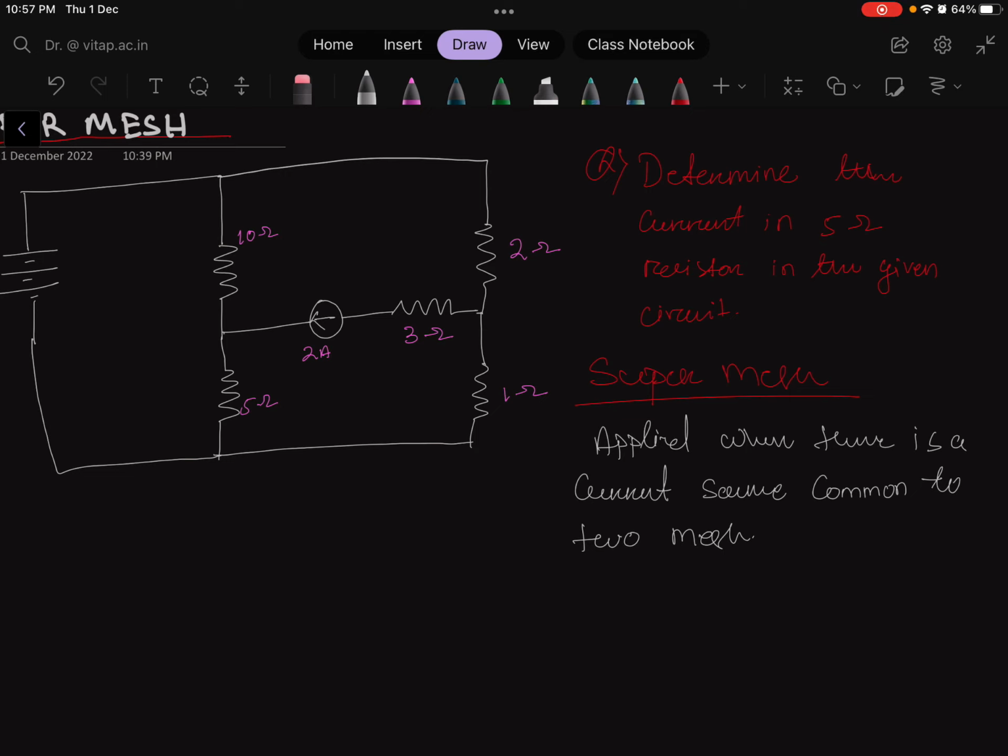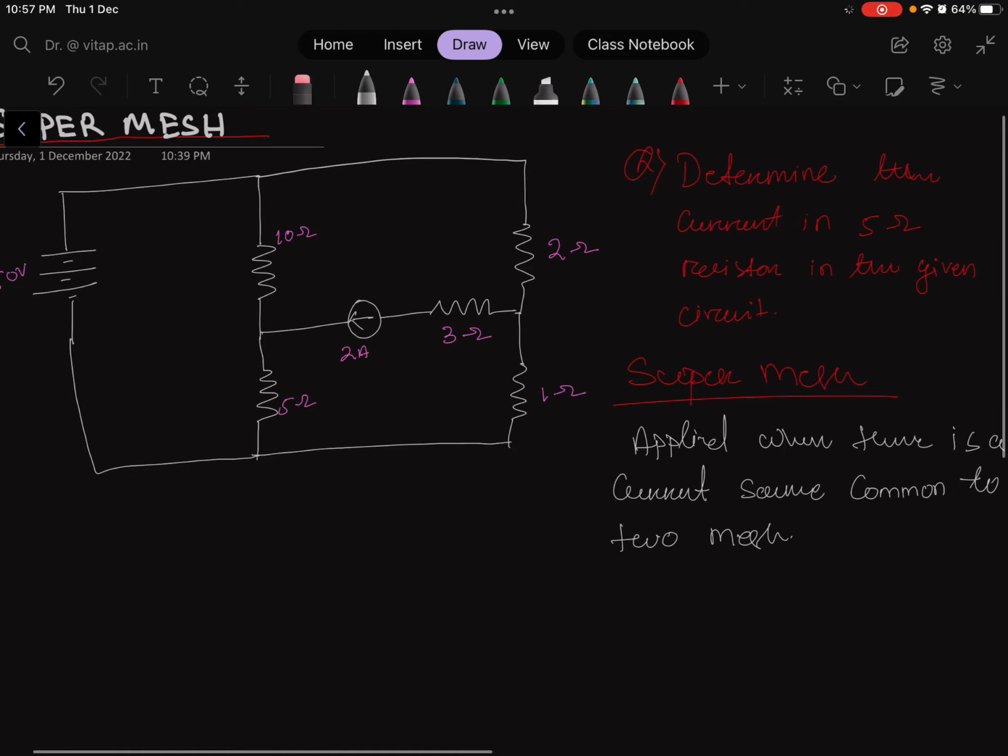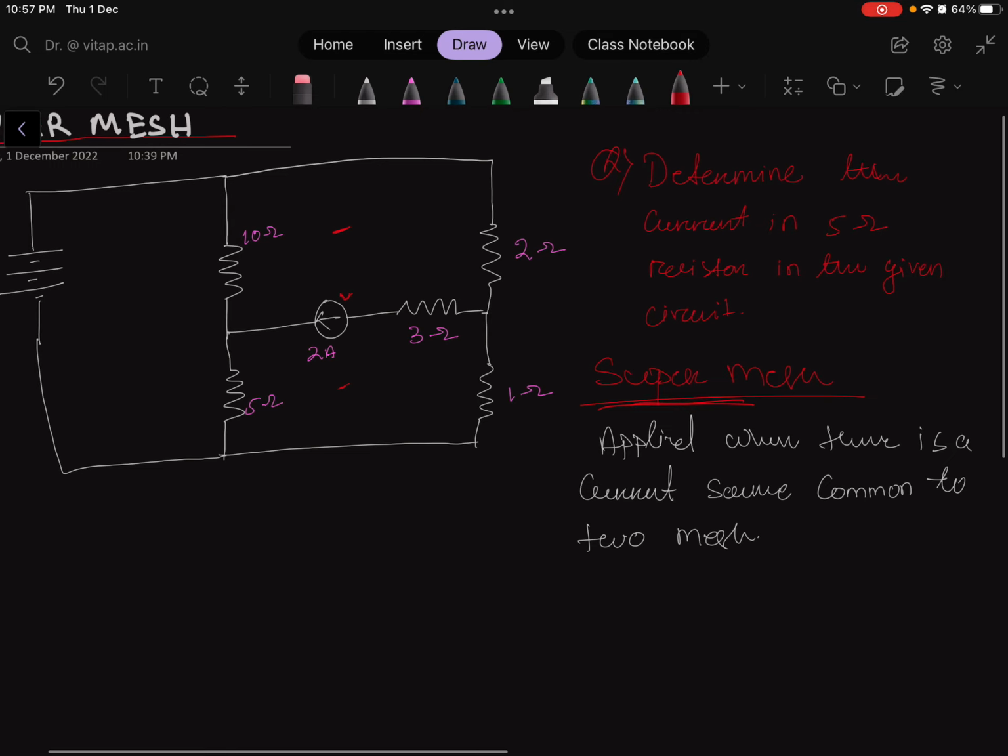In this case we have to apply the super mesh concept. In this figure you can see one current source which is common to this mesh and this mesh. I have not written any mesh loop yet, but I can see this current is shared by two meshes. In this case we have to apply the super mesh theorem.